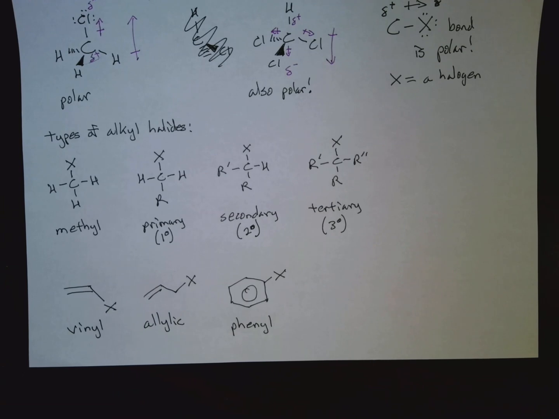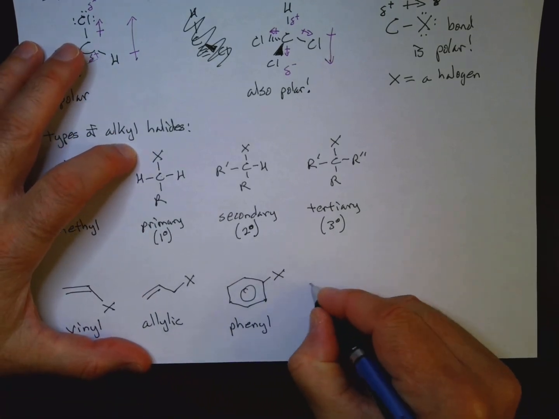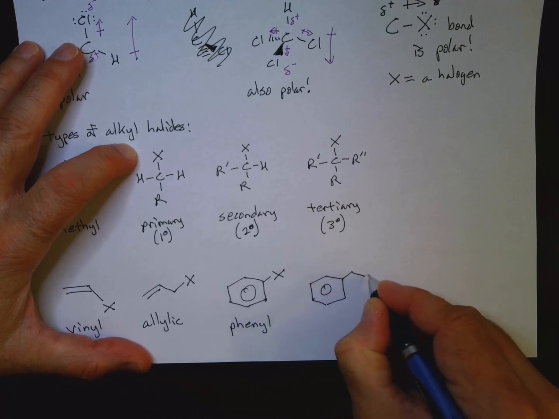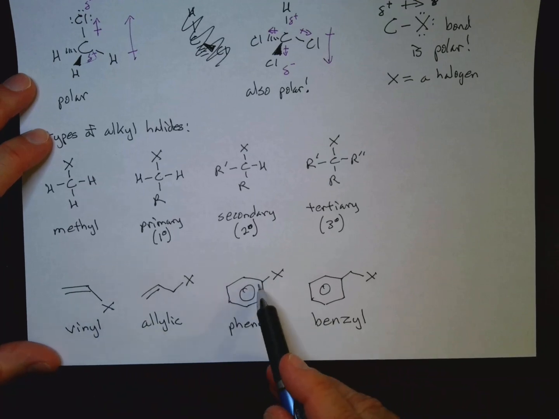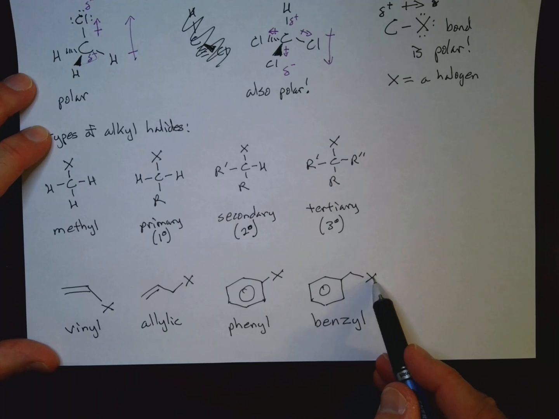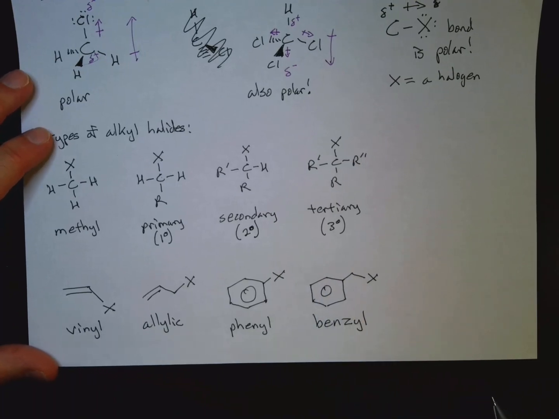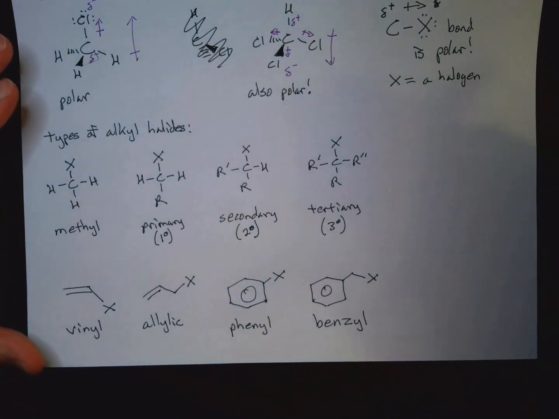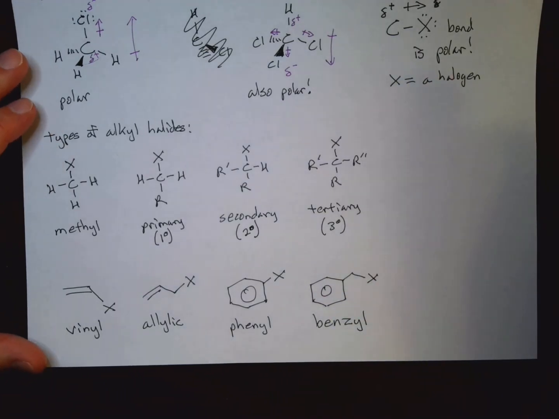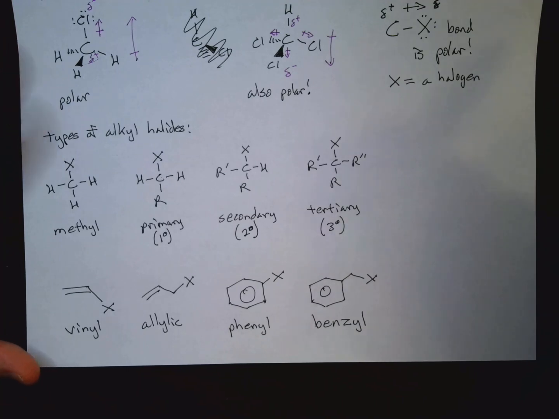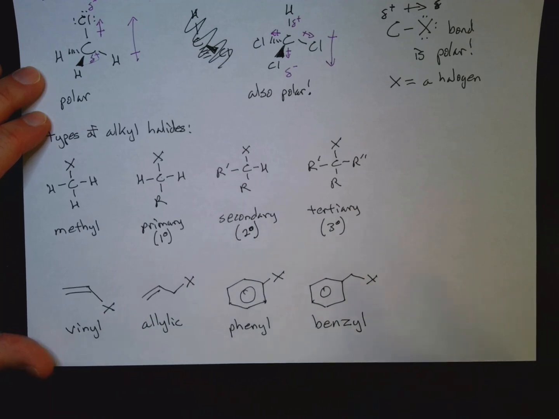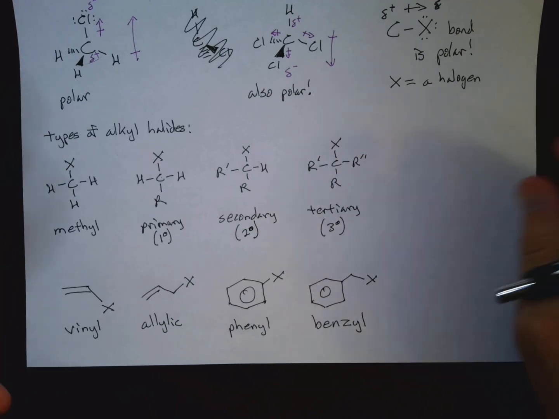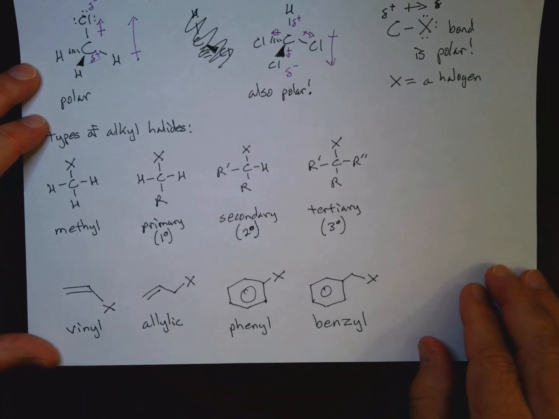We could have a phenyl halide, and we could also have a benzyl halide. Again, the phenyl is kind of like the vinyl, where the halogen is directly attached to one of the ring carbons. With benzyl, the halogen is attached to a carbon that's attached to the ring carbons. So those are some different ways of categorizing alkyl halides. And we will see in the next chapter, chapter 11, that these types, methyl, primary, secondary, tertiary, allylic, benzylic, can affect how these alkyl halides react in substitution and elimination reactions.